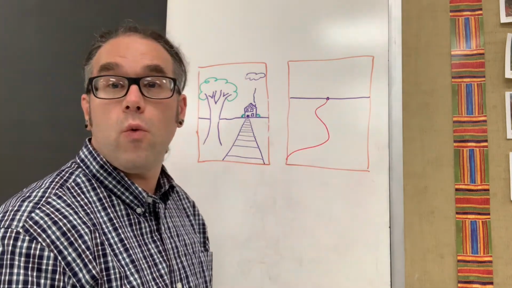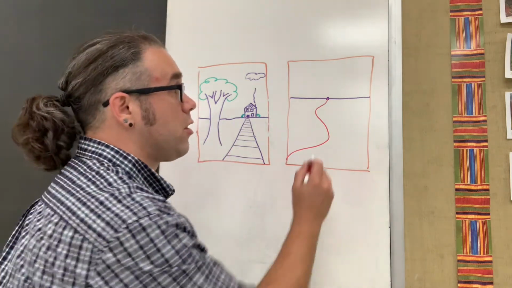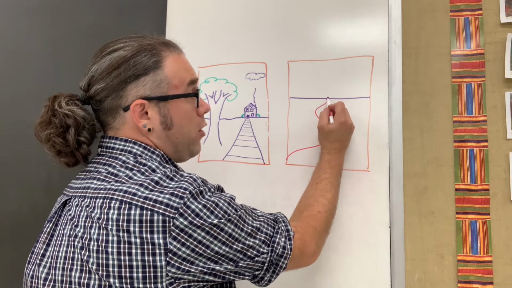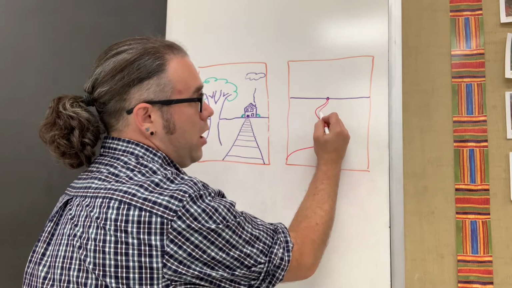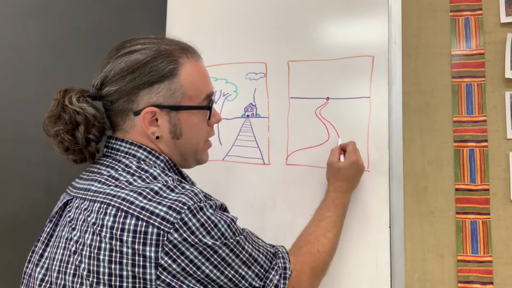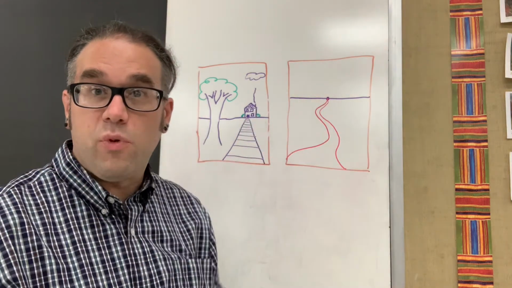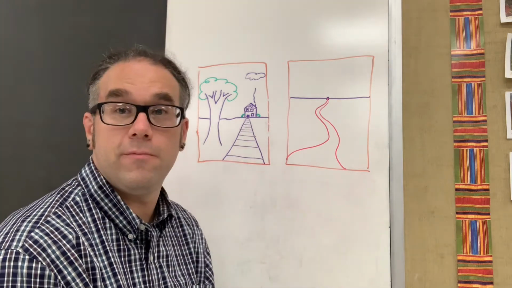If it's farther away, it's smaller and closer together. So I'm gonna start very close to that, actually right on top of it. And as I go outwards, I'm gonna hug that line closely, but then as I get towards the bottom, I'm gonna make it widen and branch out, okay? So that's our winding river.